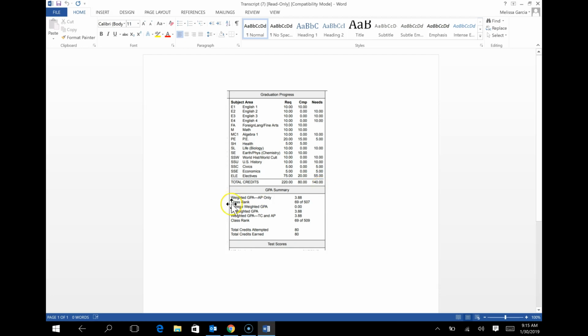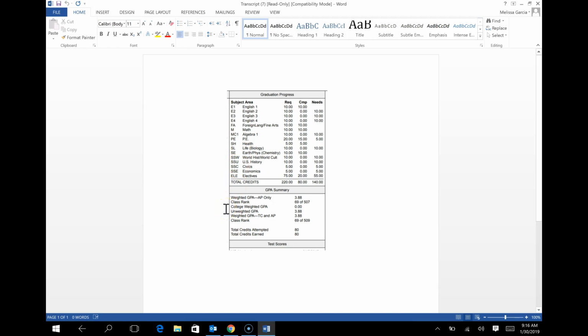Down on the bottom is the GPA summary, and I know it's a little bit confusing. It's got several different GPAs listed here. The first one is weighted GPA, AP only, so that's going to count the courses giving a bump to the AP classes if you have taken any. And it's a class rank listed based on that weighted GPA. Then college weighted GPA, which is not calculated on here yet. Unweighted GPA, which is counting every course that you've taken so far.